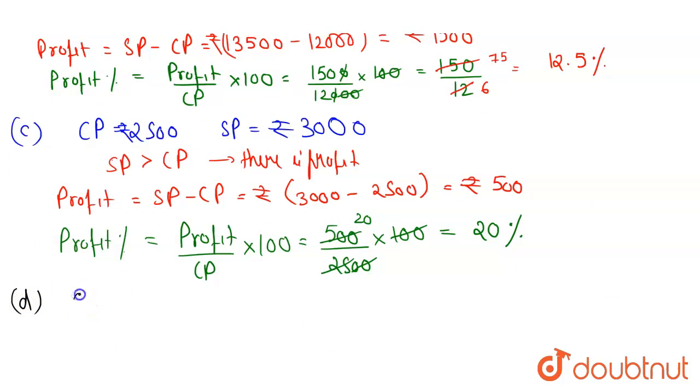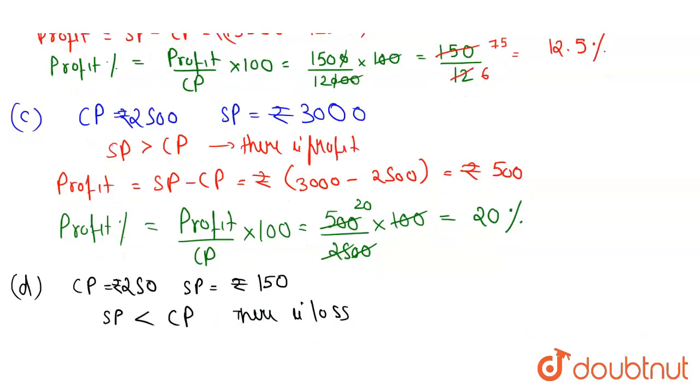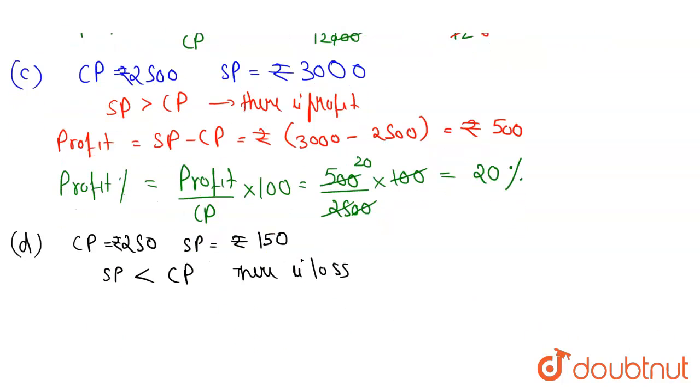Obviously you can see that the selling price is less than the cost price, so there is a loss. Loss is given by cost price minus selling price, which is equal to rupees 250 minus 150, which is equal to rupees 100.